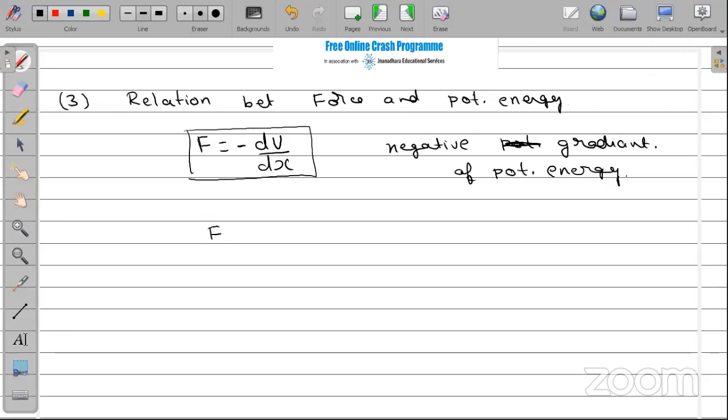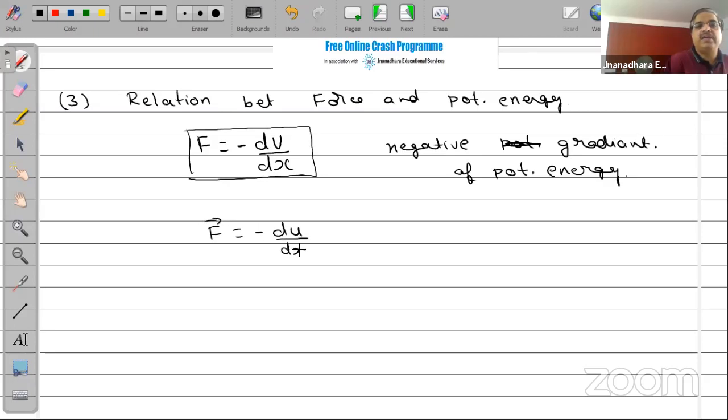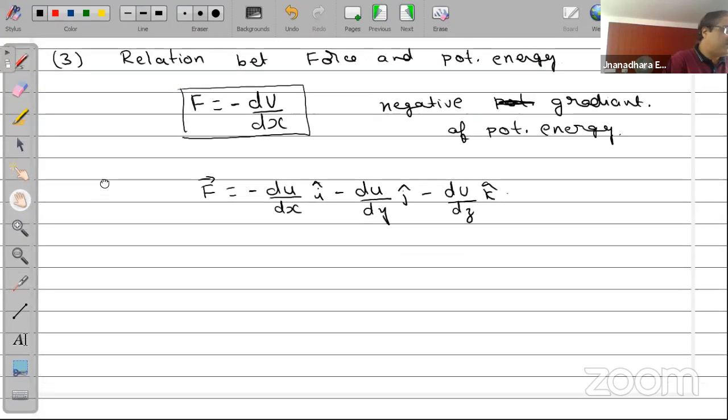Or in general, this can be written as minus dU by dx i cap minus dU by dy j cap minus dU by dz k cap. This is what in fact the force can be written as, a general expression.